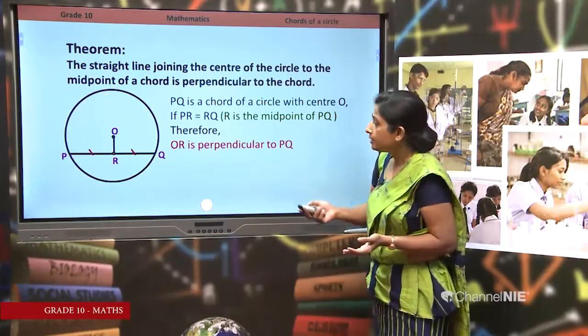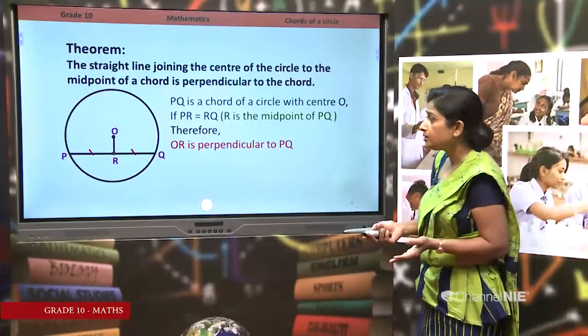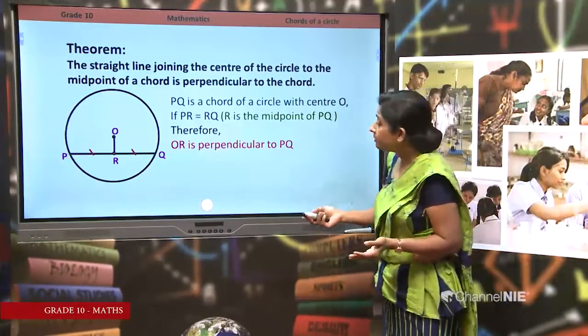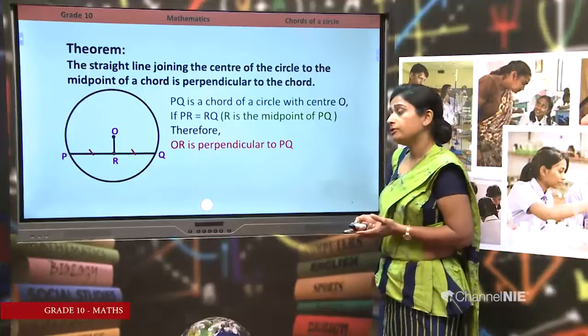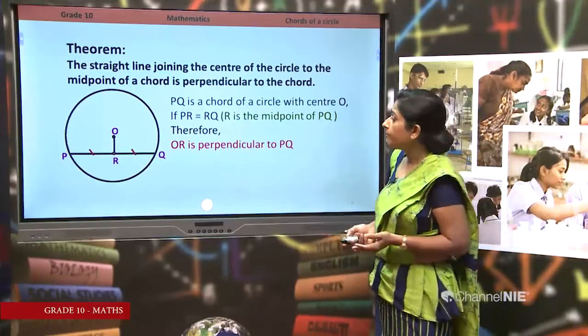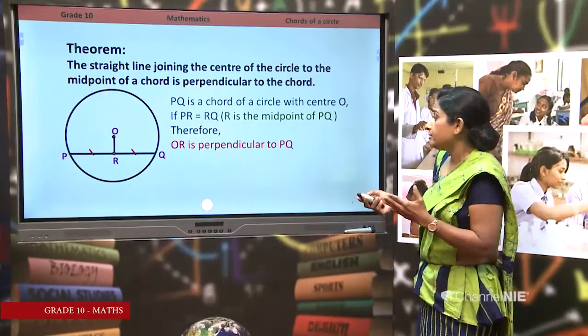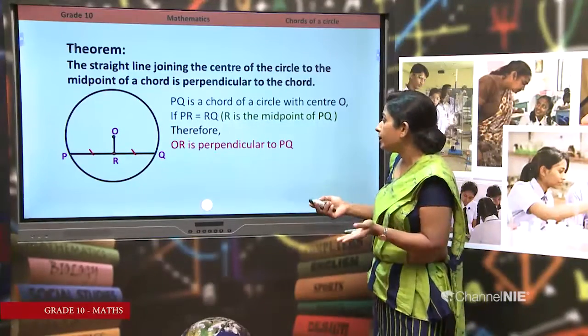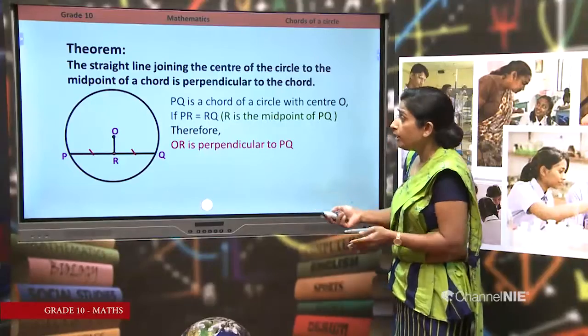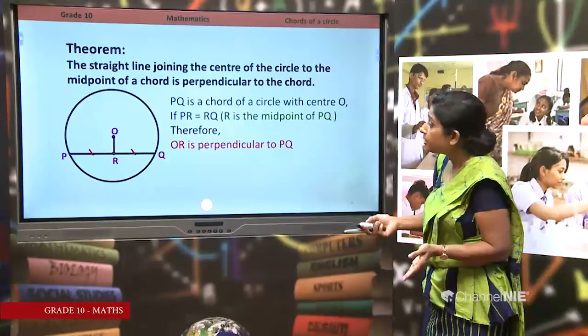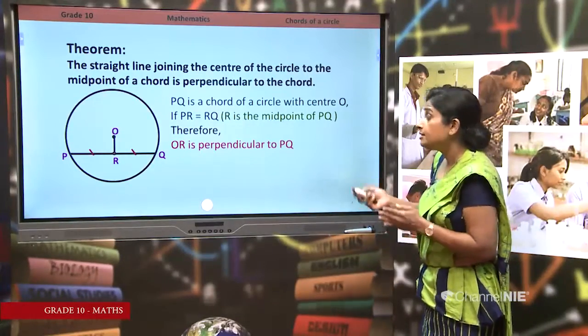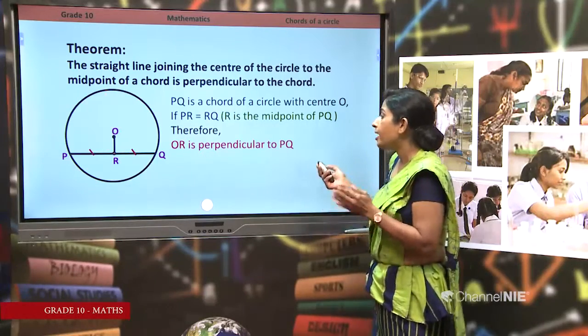In this diagram we have taken PQ as the chord, R as its midpoint, and joined the center and the midpoint. That is the theorem we learned under part 1.